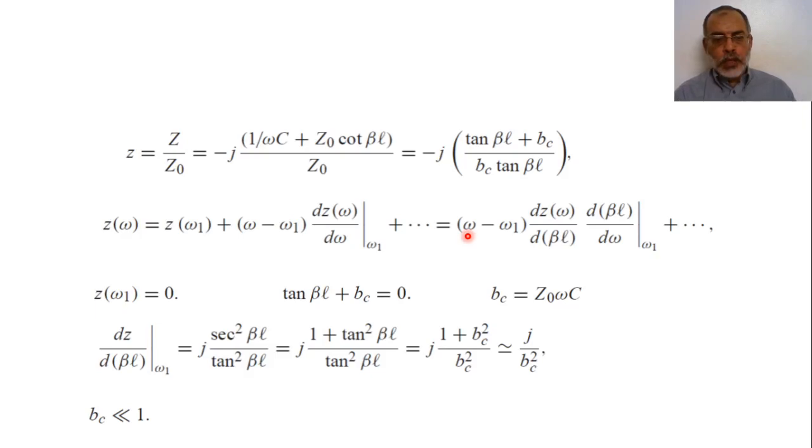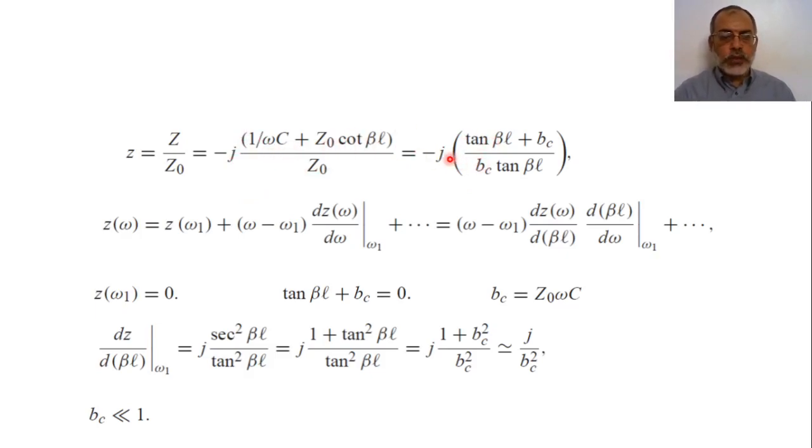Alright. And taking into consideration that the value of Z at omega 1 is 0, the resonance is obtained where tan beta L plus BC equals 0, and actually the value of BC itself is Z naught omega C. Alright, so it is required to obtain the first derivative of Z with respect to beta L. We are going to take the derivative of this equation, or even of this equation.